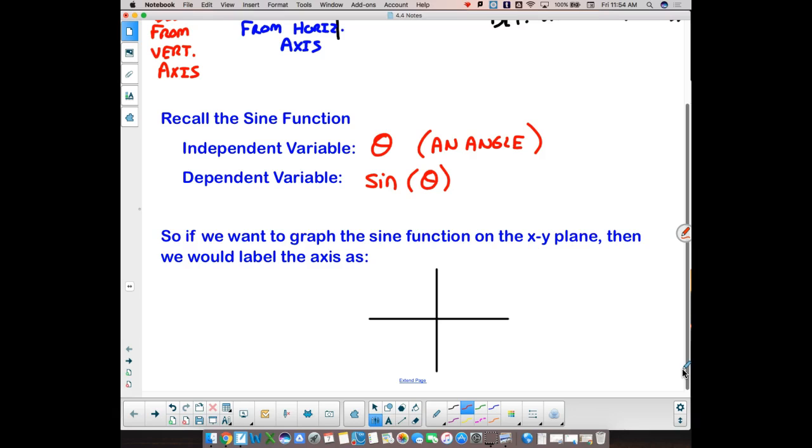So what's that going to be? Theta, my angle, right? So theta here is going to be my horizontal axis. Vertically, what's my vertical axis going to be? Sine of theta, because that's my dependent.